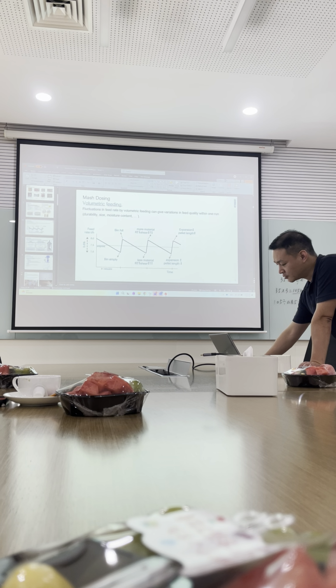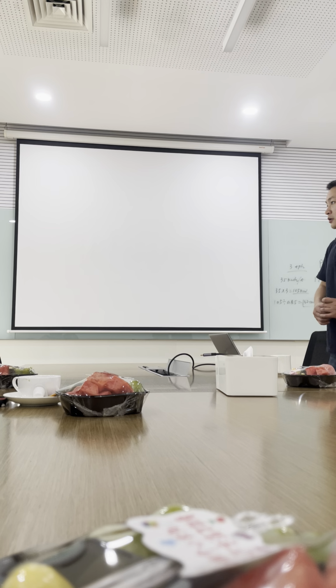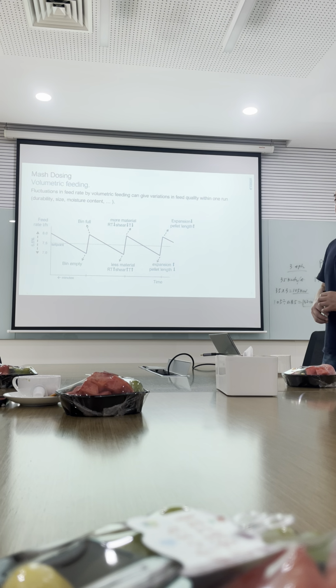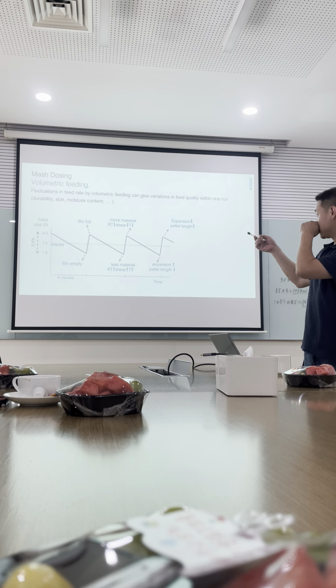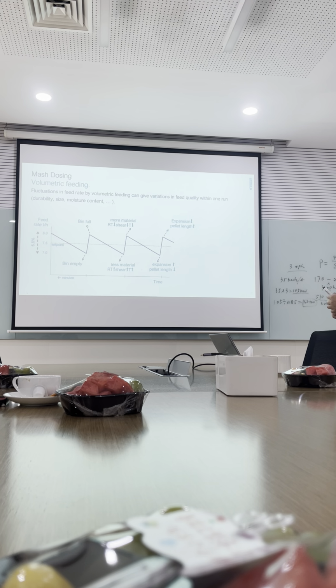is quite interesting because a lot of customers have issues with the loss-in-weight feeder. The reason we are using the loss-in-weight feeder is that there are two different types of feeder. One is the volumetric feeder. There's no scale, just controlled by the speed of the screw feeder, right?